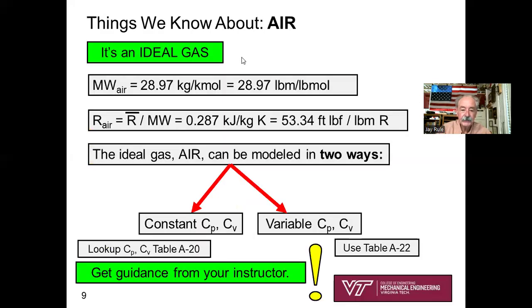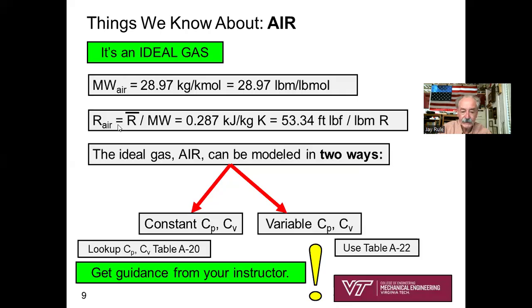Okay, so we're continuing on. Things we know about air. Air is a subset of ideal gases, isn't it? What do you know about air? Hopefully in your head, the molecular weight of air is 28.97 kilograms per kilomole, or 28.97 pounds mass per pound mole.